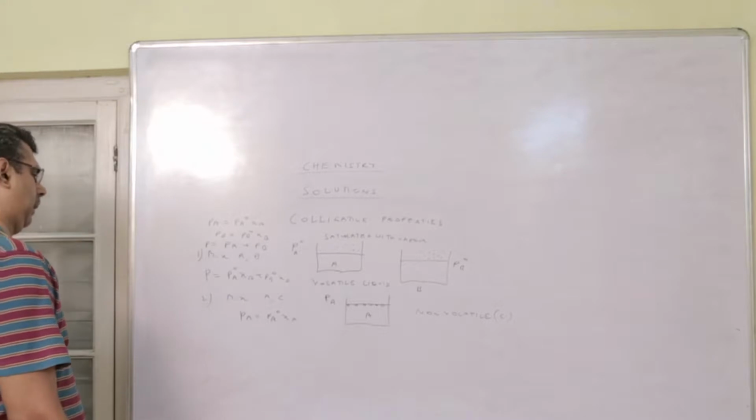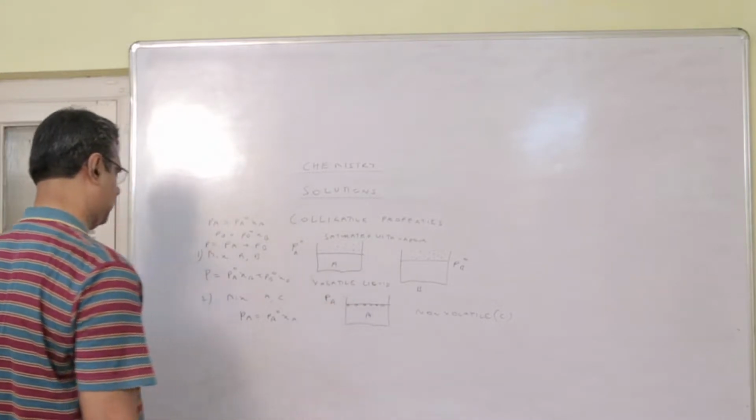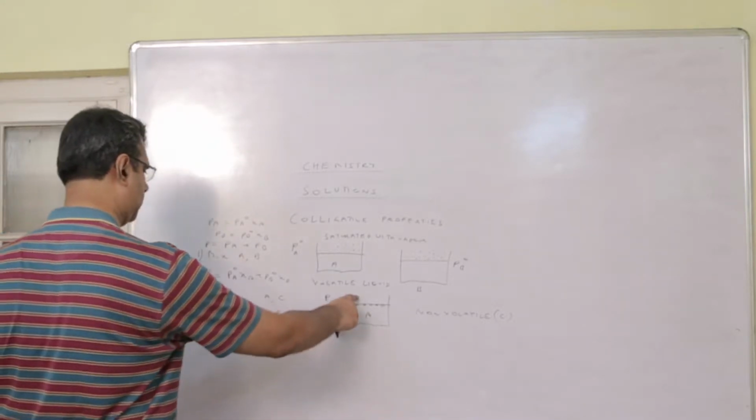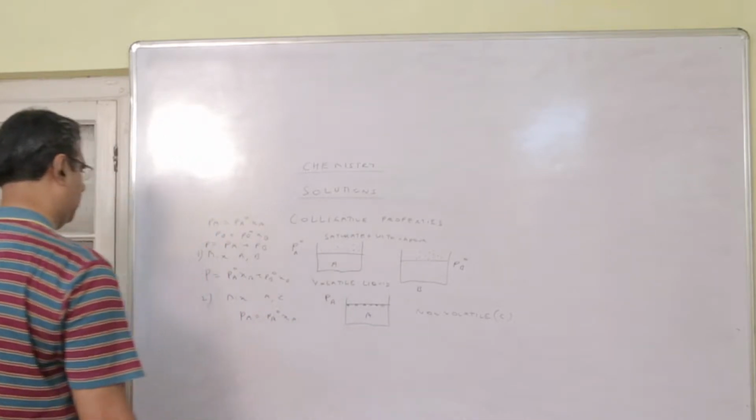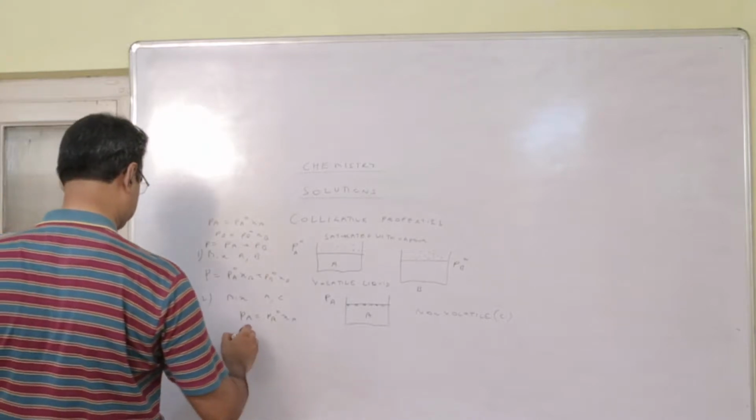Now when you mix A and C, then the vapor pressure will be only due to A because C is non-volatile. So PA will be PA naught into XA.